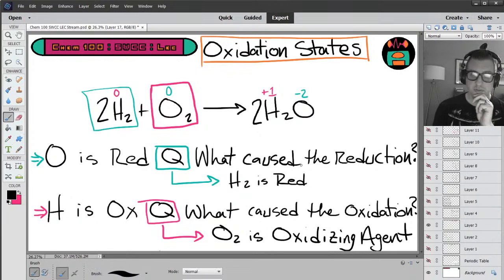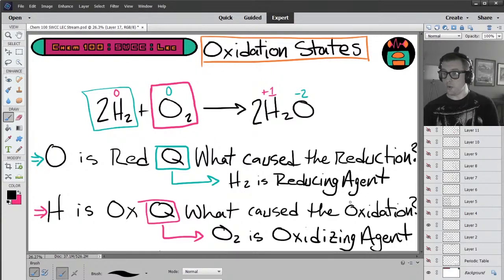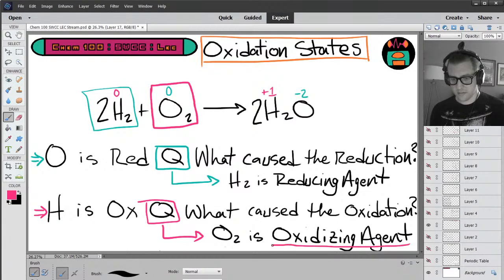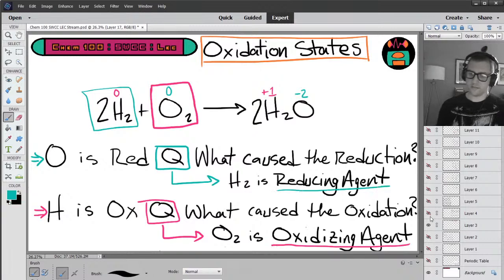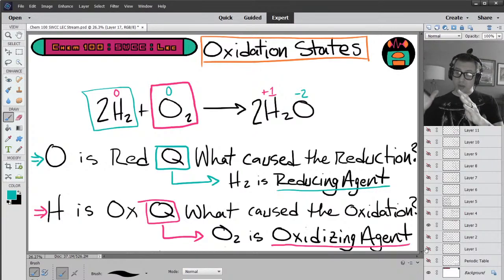Hydrogen is the reducing agent. Oxygen, O2, is the oxidizing agent. All right, so you can have elements.